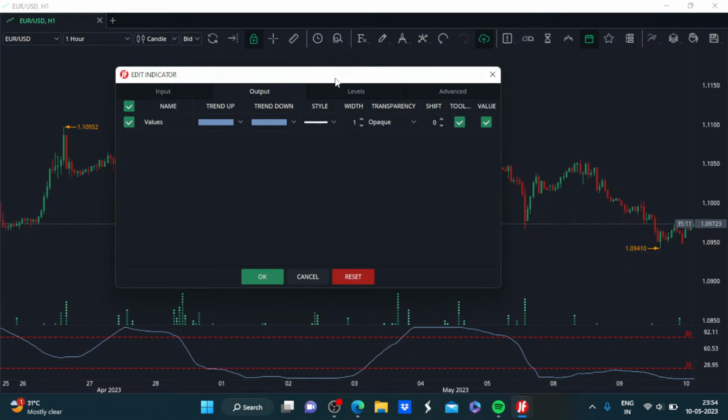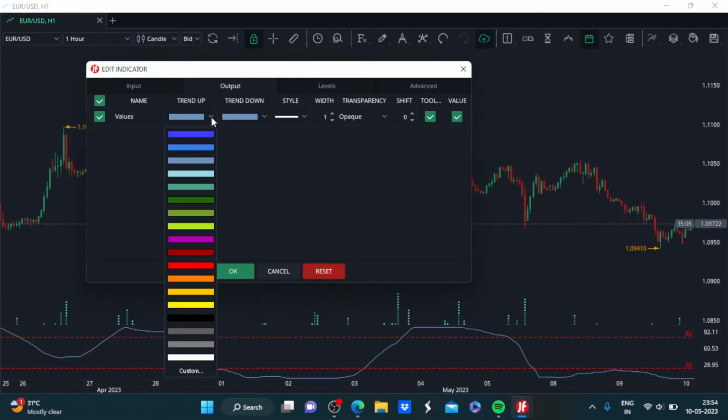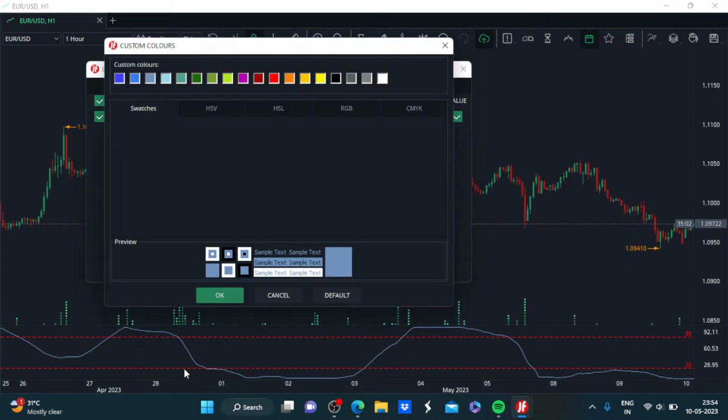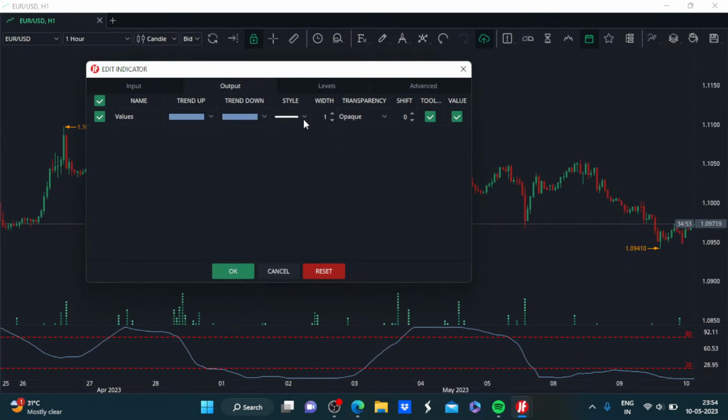Now coming to the output, you can vary this color combination. All these options of the different color combinations have been provided. You can even go for a custom color combination if you feel like. So that is also enabled, supported on the platform. Styling can also be varied, width and transparency can also be opted as per your preference.